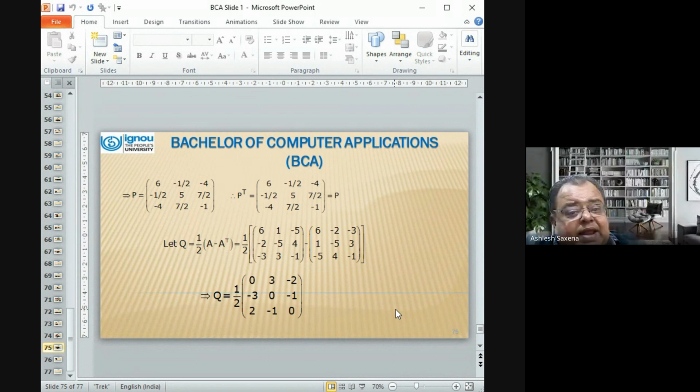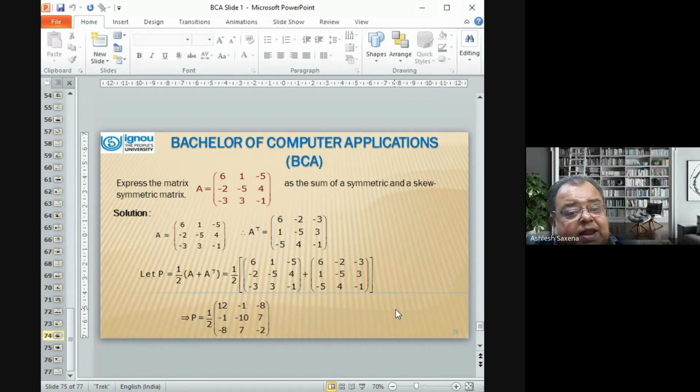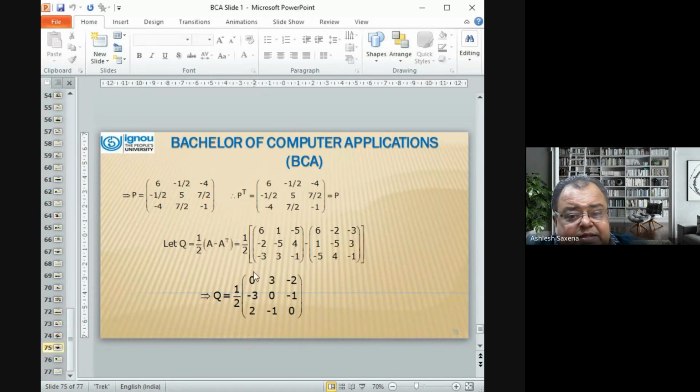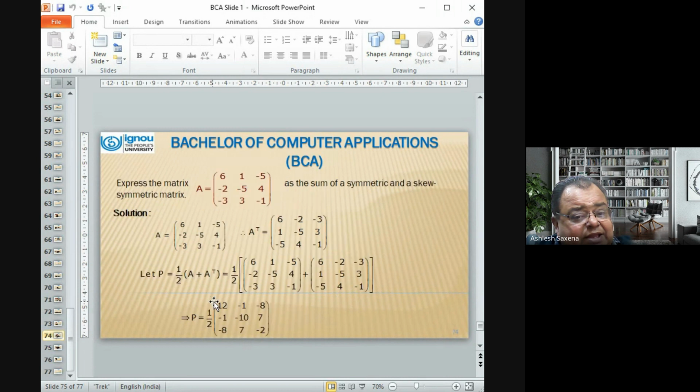You can add P and Q. When you add this P and this Q, you will get this matrix.